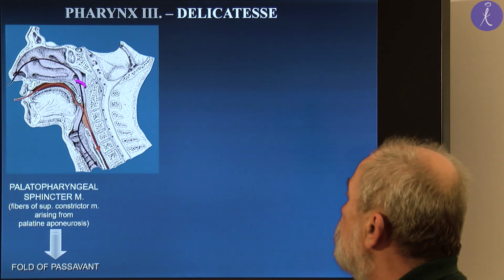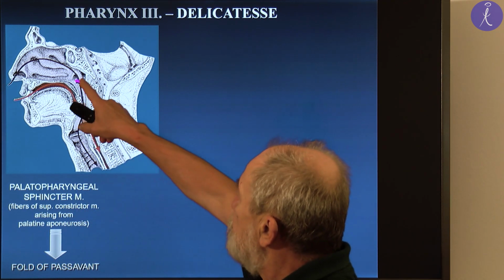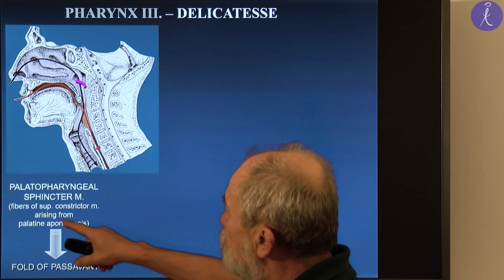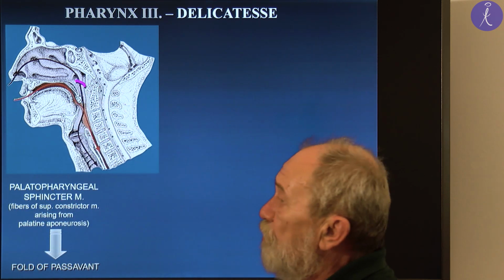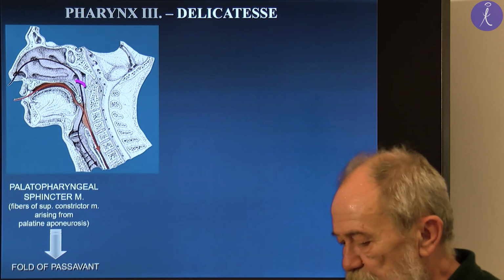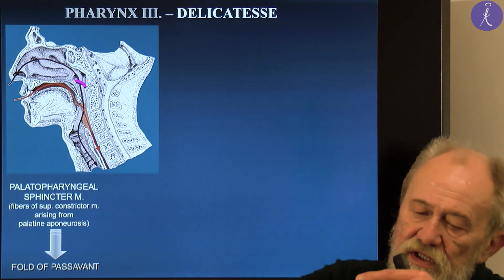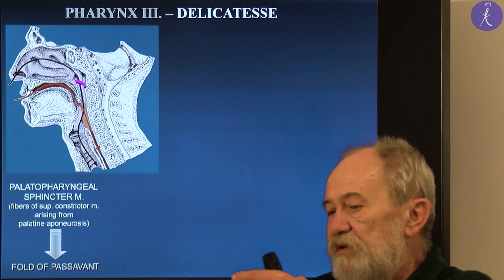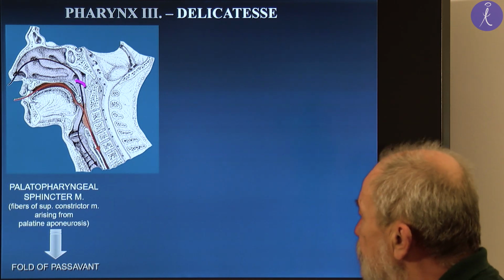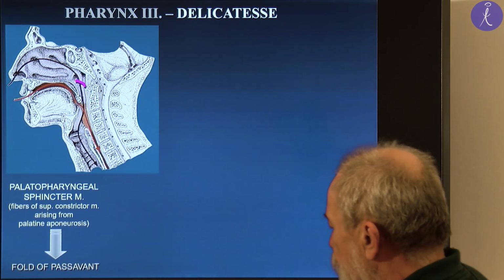Not a good thing for swallowing, and therefore the first muscle fibers of the superior constrictor to contract are the ones which take origins from the palatine aponeurosis, and therefore they make a U-shaped ridge on the posterior and the lateral wall of the pharynx, to which this soft palate could be closed like a door or something like that, and after that the pressure can be increased to push the bolus backward.